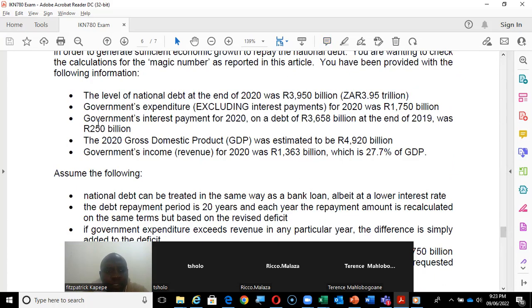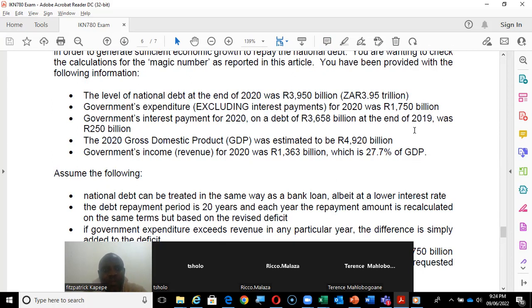It says government's interest payment for 2020 on a debt of 3,658 billion at the end of 2019 was 250. So the 250 was a payment based on the 2019 debt. Yes. But then we are not looking at that one.